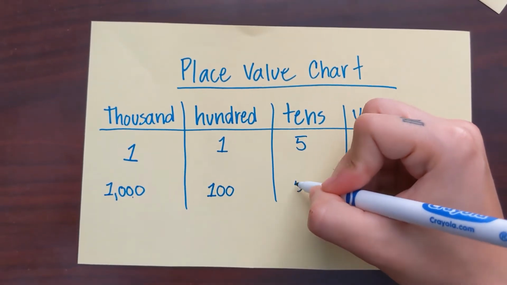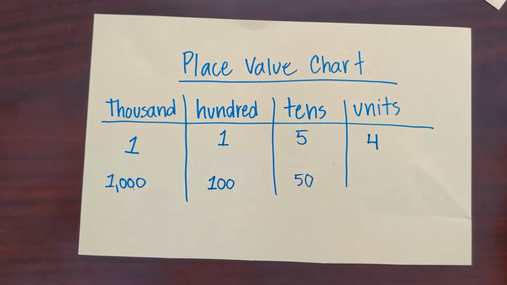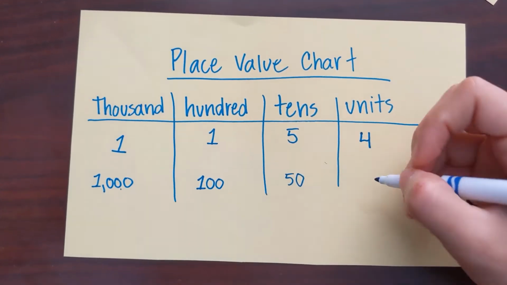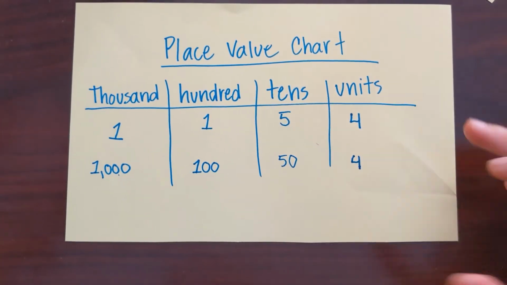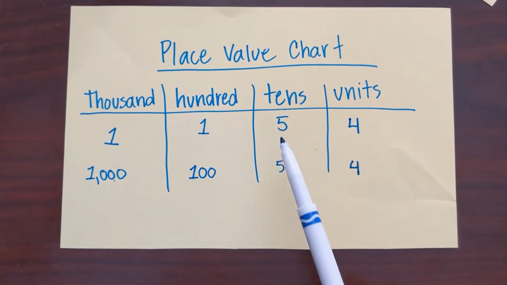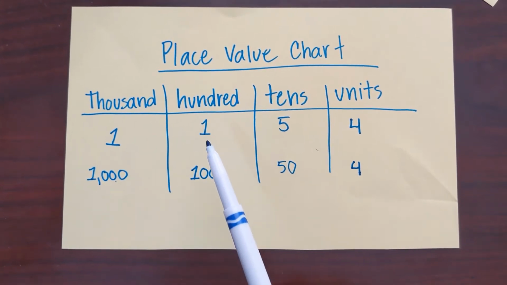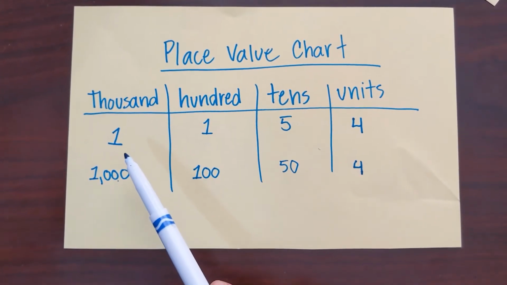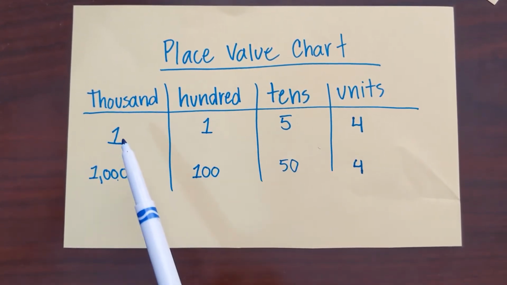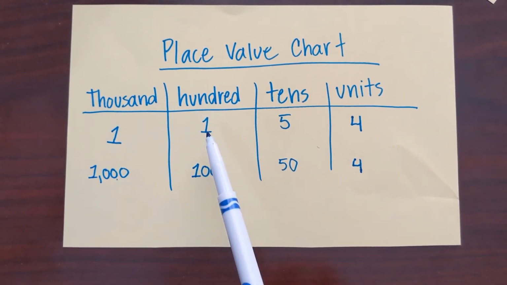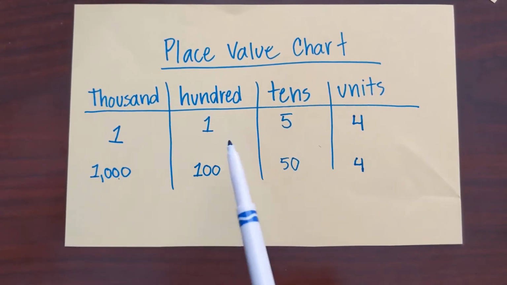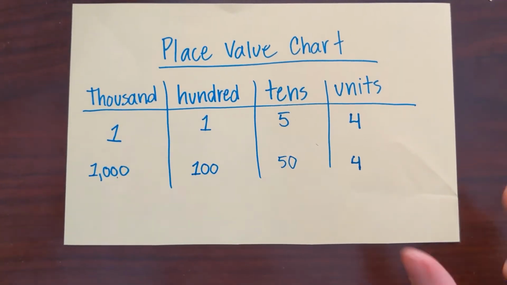My 5 will represent 50 because it's 5 tens. And my 4 is just 4 because it's 4 units. So this is very important because it shows the students that, even though this is the same number, 1 and a 1, the one over here on the far left is going to be way bigger than this one because of the place it has within the number.